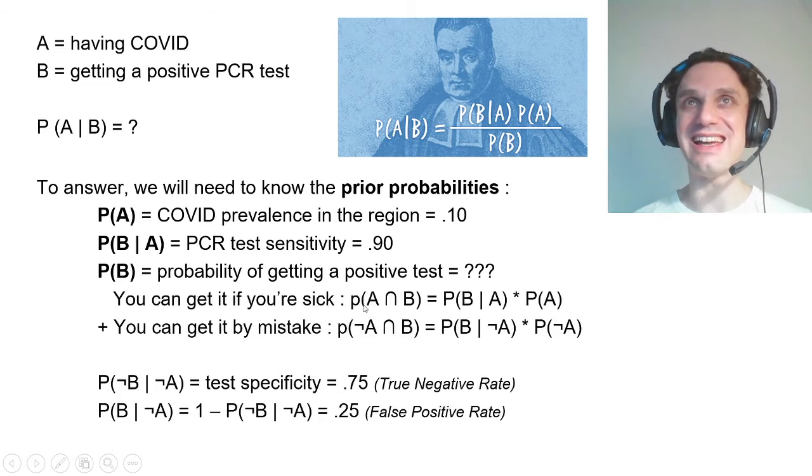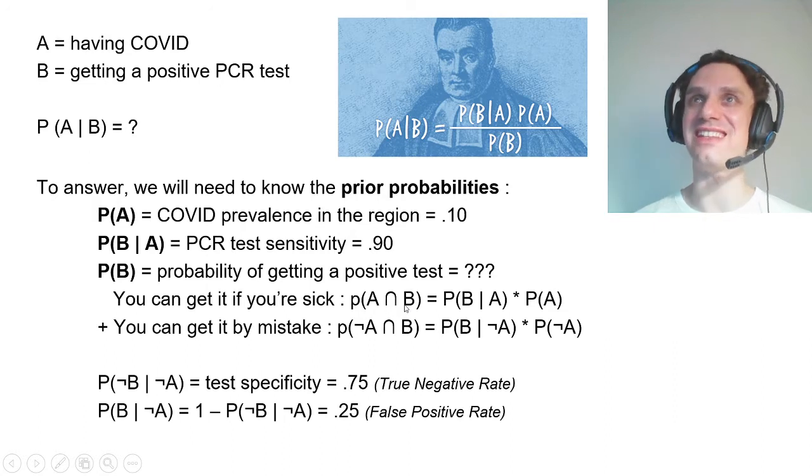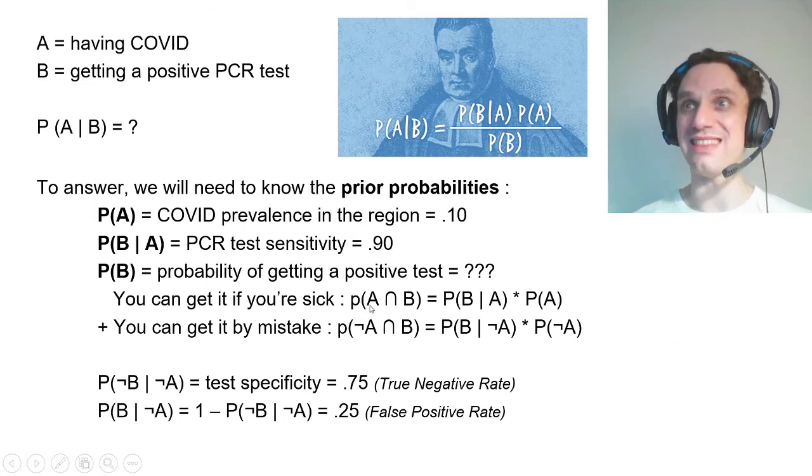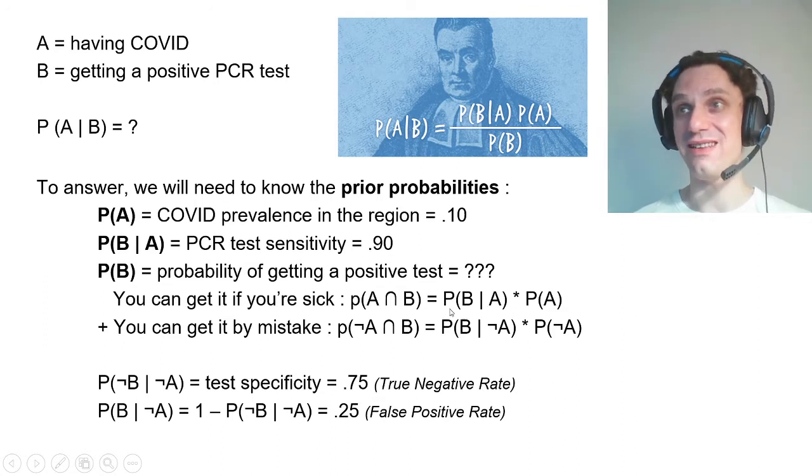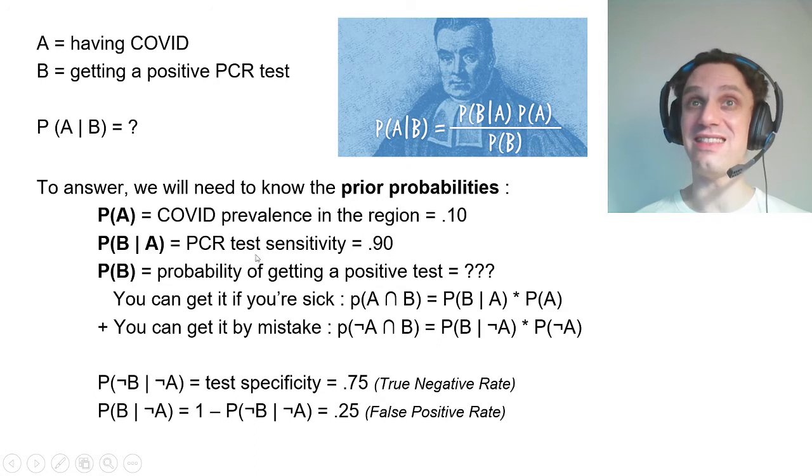The probability of getting a positive COVID test and having COVID at the same time is a product of the probability of having COVID, which we know, P of A, and the probability of getting a positive test in case you have COVID, P of B conditioned on A, and this we also know, it's 0.90.